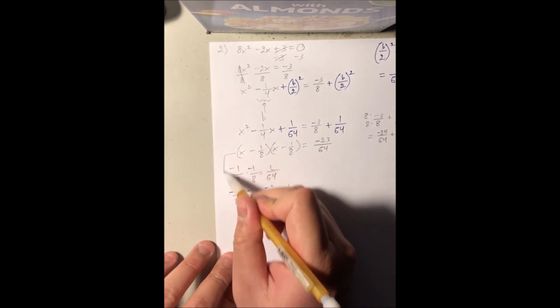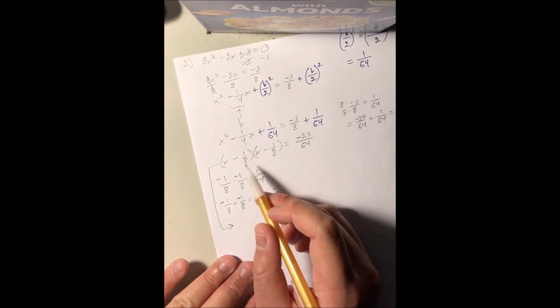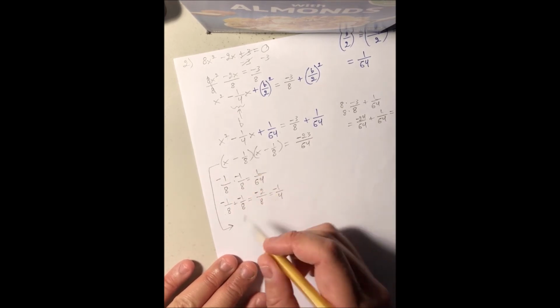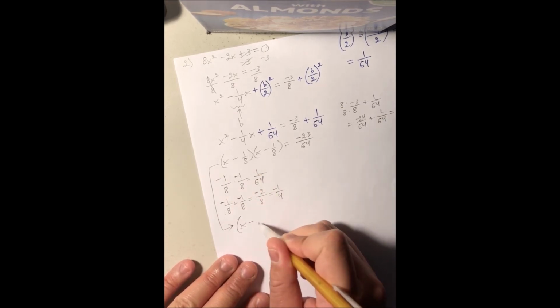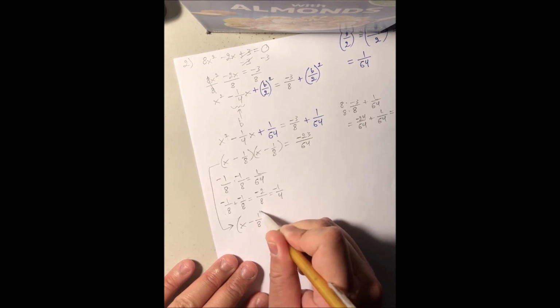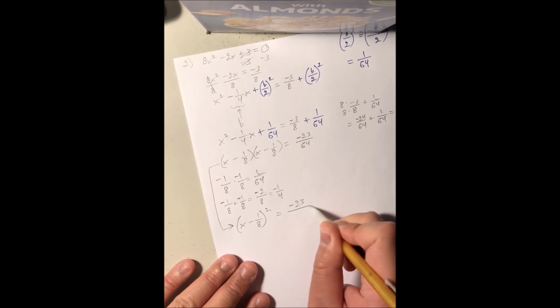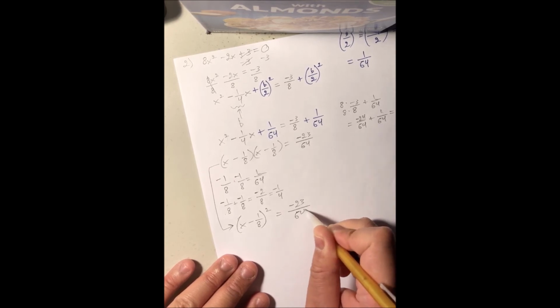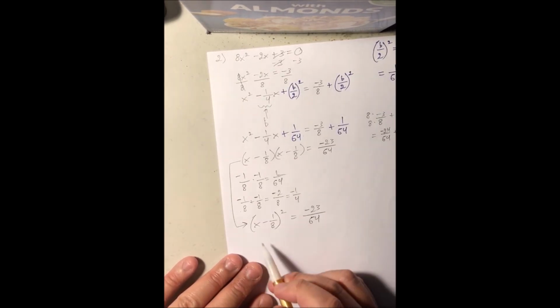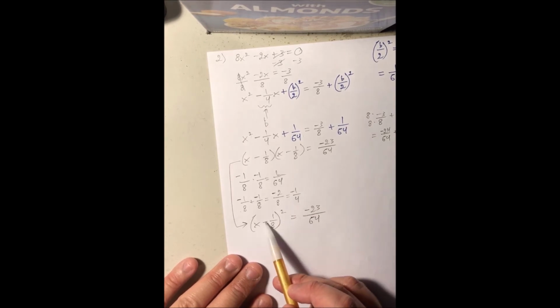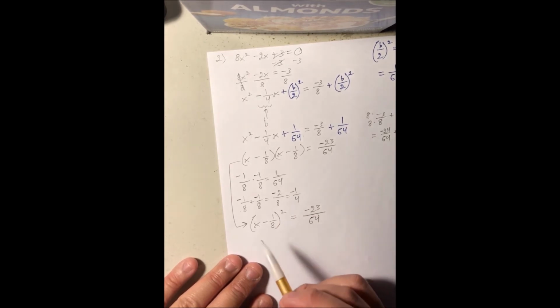Okay, now the next step, well, I got two identical binomial factors multiplying together. So that's the same as saying x minus 1 over 8 squared equal to negative 23 over 64. And then, of course, I want to solve for x, so I have to get rid of the exponent 2 and the minus 1 over 8.